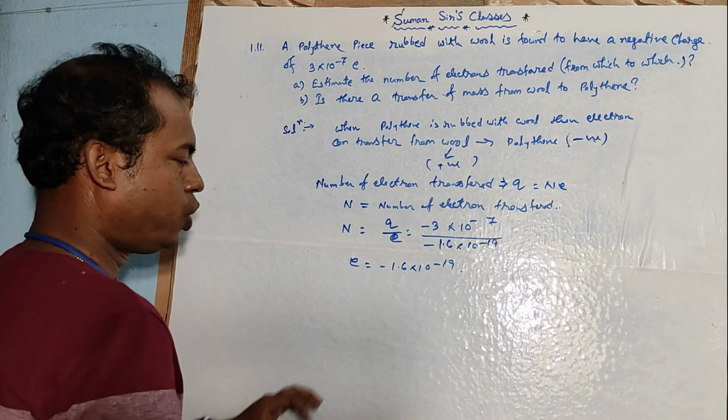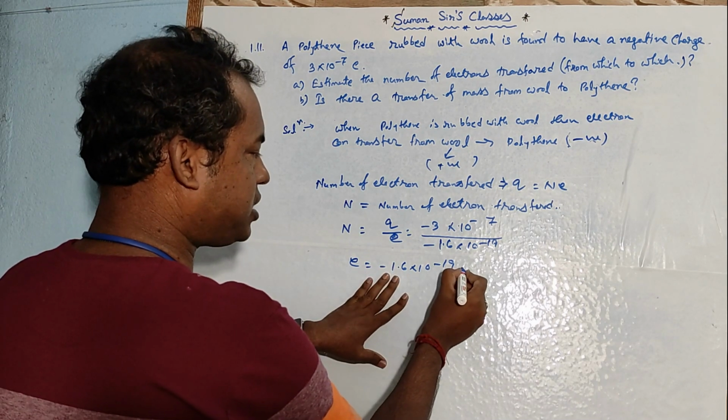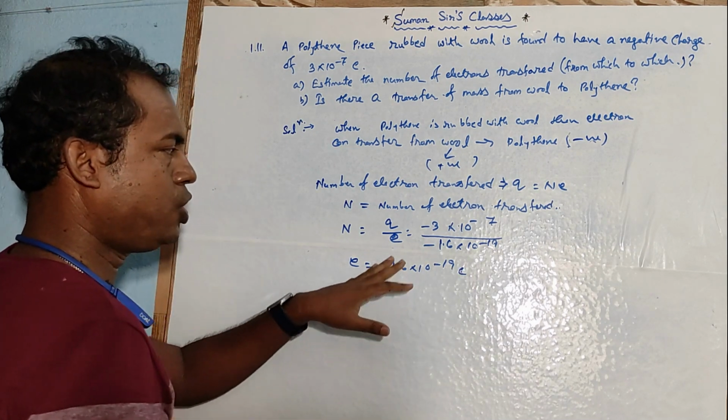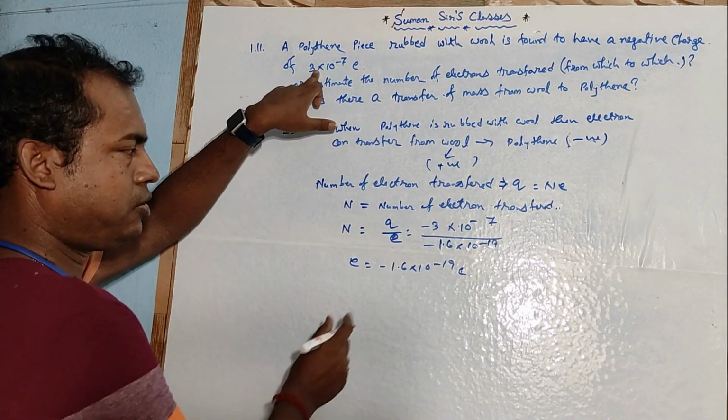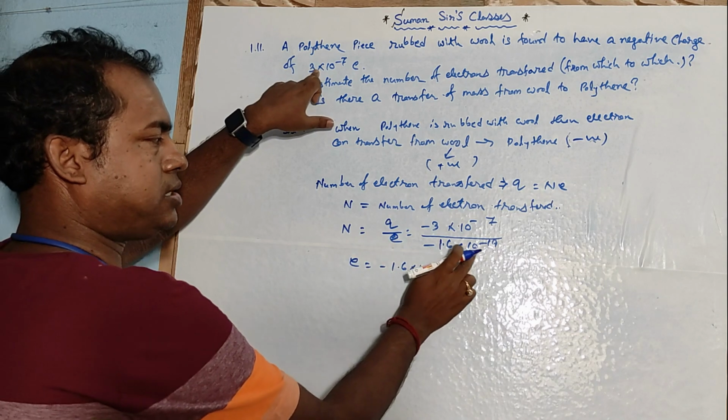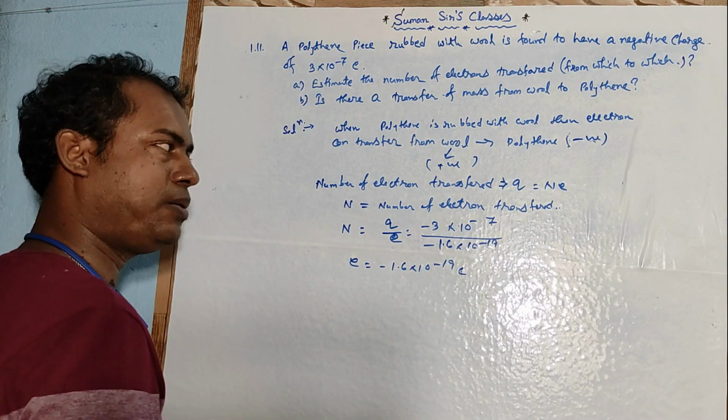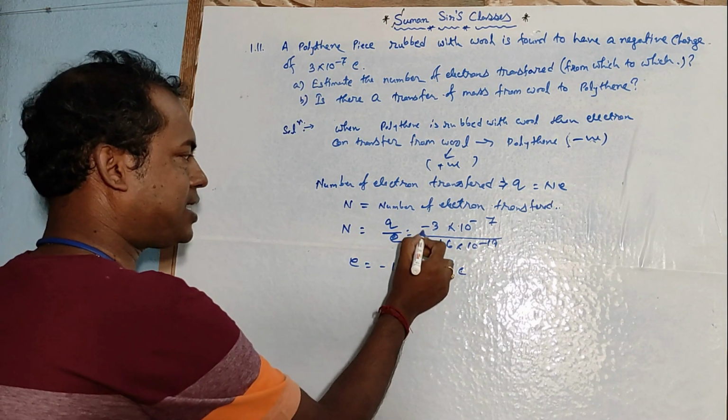This is the charge of the electron, because e equals minus 1.6 into 10 to the power minus 19 Coulomb. The 3 into 10 to the power minus 7 is the total charge transferred given in the problem, and e is the electronic charge. So minus minus cancel out.